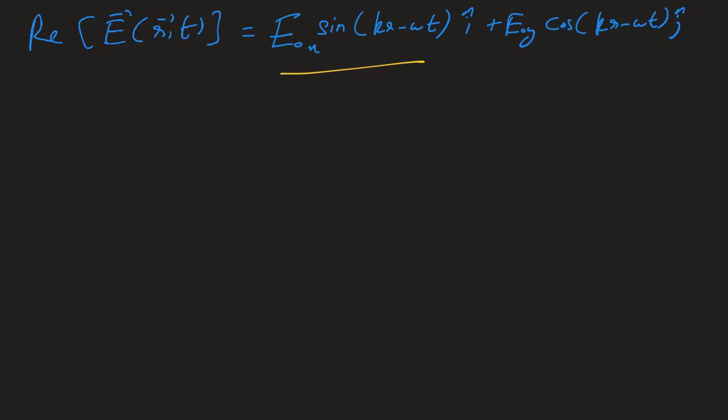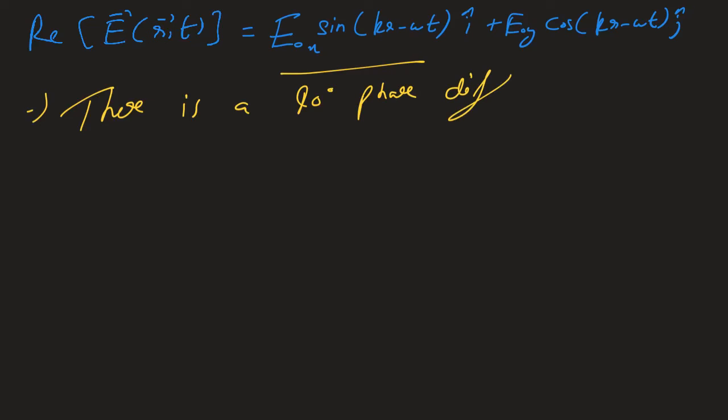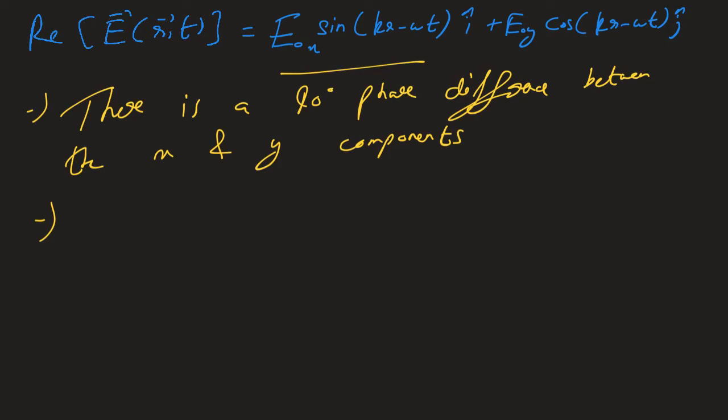So there is a 90-degree phase difference between the x and y components, and this is really fundamental. As a result of this, and I'll write this in red, the E field rotates.